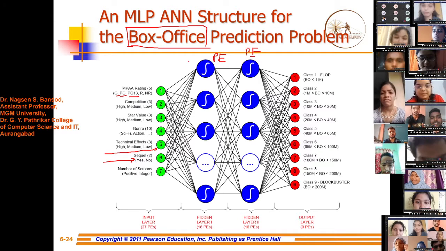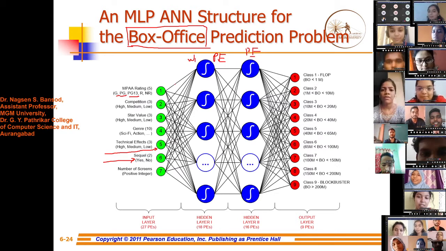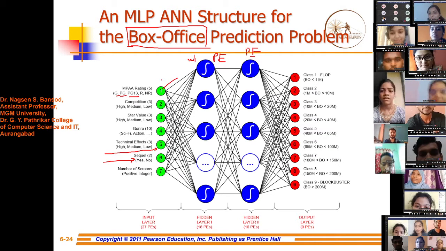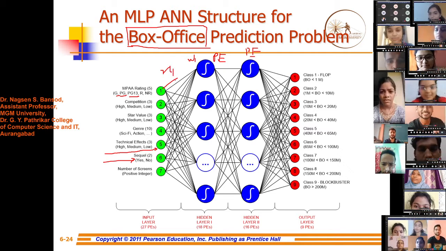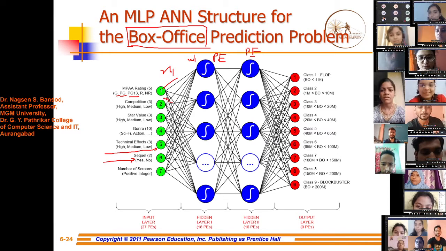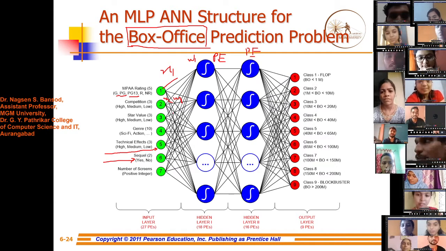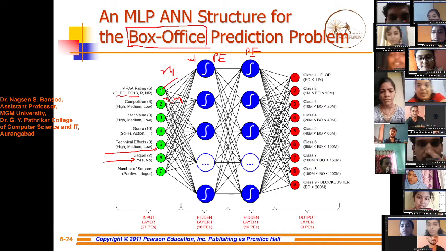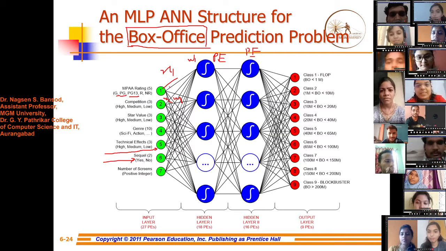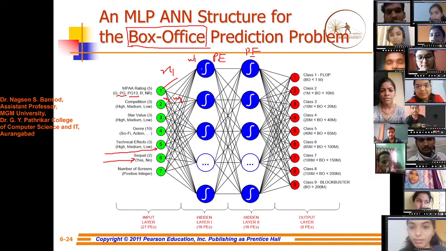Means we will add here weights with inputs x1, x2. Here will be w1, w2, and we'll find the summation of x1 and x2.